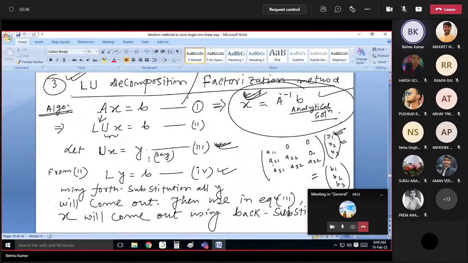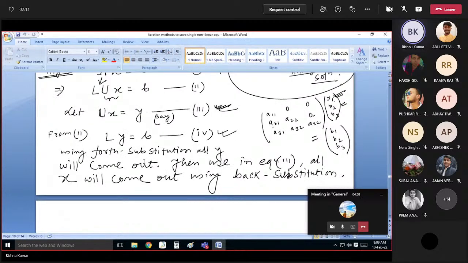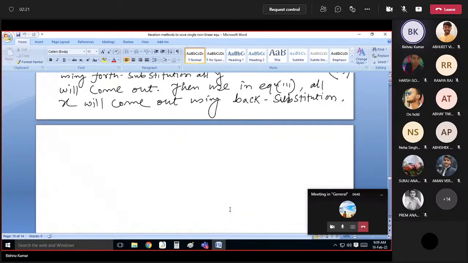For that purpose, we will start today's class with a numerical example. Let me tell you again, just try to remember those four lines, how we are doing this rearrangement, such that we are able to solve.